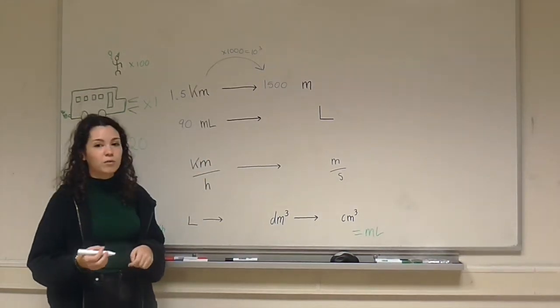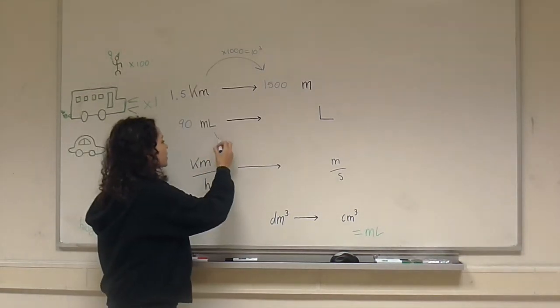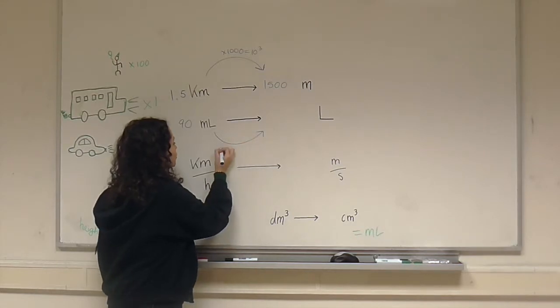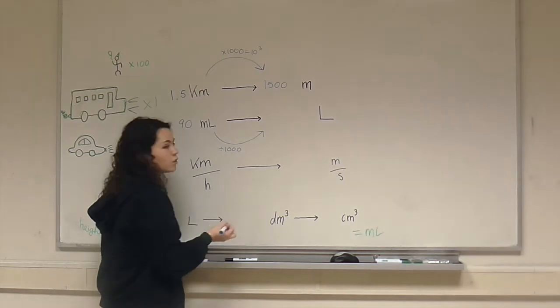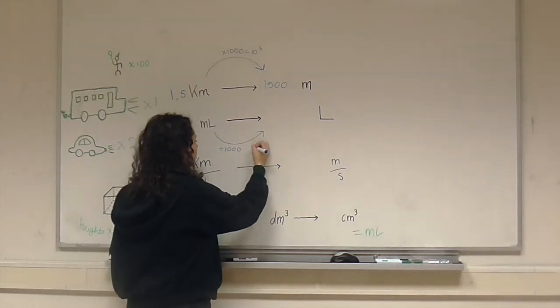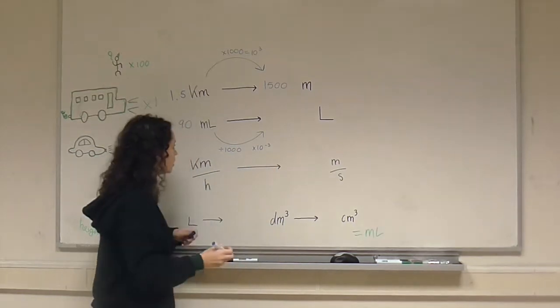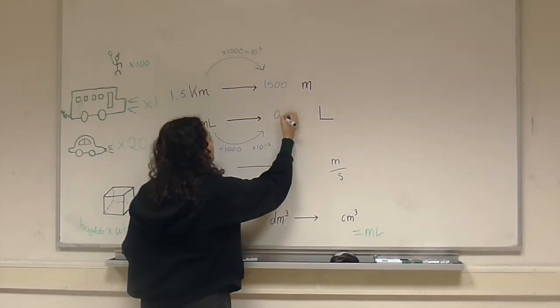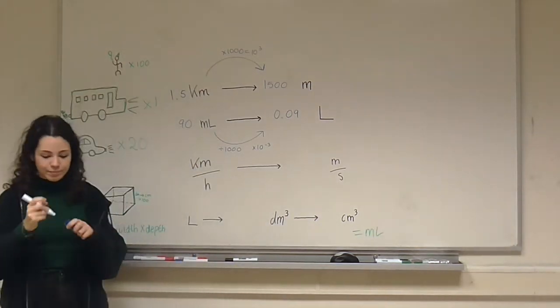So we're going to get a smaller number. And in this case, we are going to divide by 1,000, which is the same as if we were multiplying it by 10 to the power of minus 3. And this means that we will get 0.09 liters.